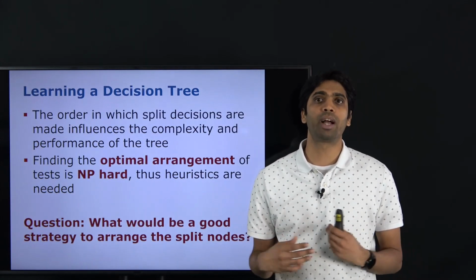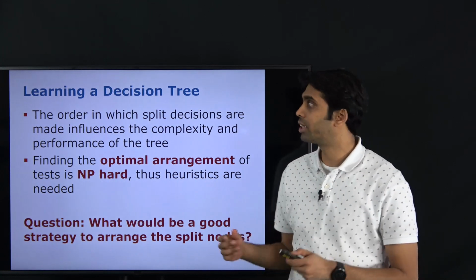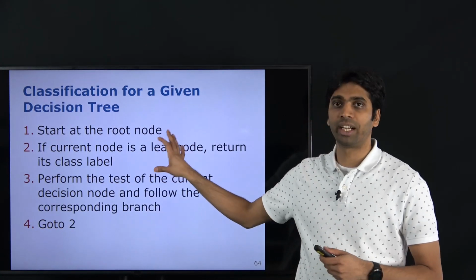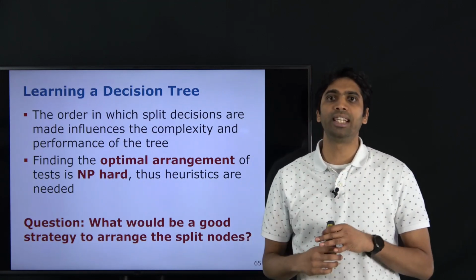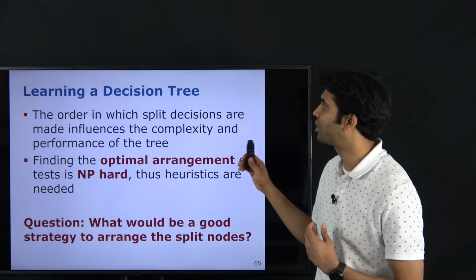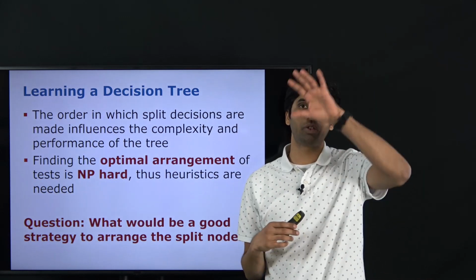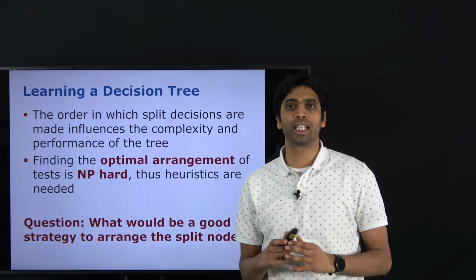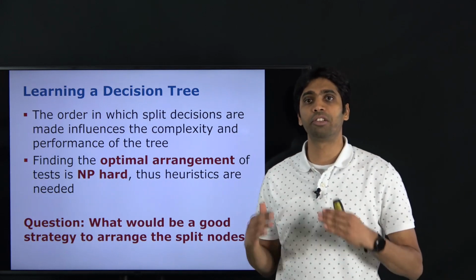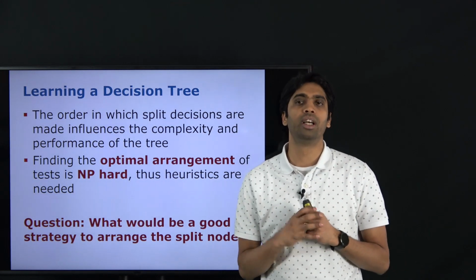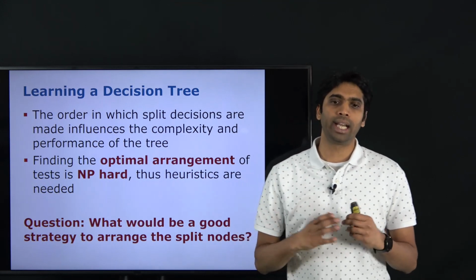Right. So this was the process of determining the prediction for a new data point. But we skipped over some of the details as to how we actually learn a decision tree, how we come up with these questions, or what arrangement of these questions would lead us efficiently towards a prediction for the new data point.